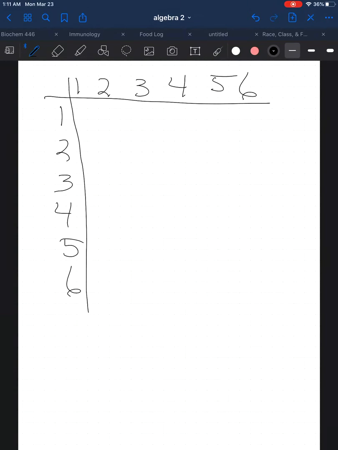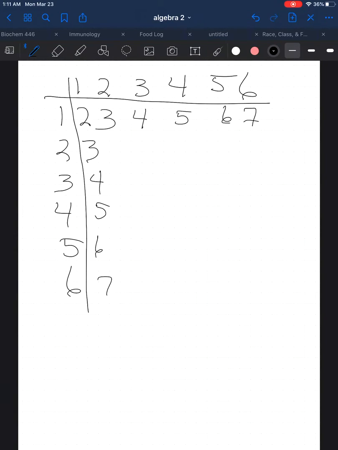It doesn't matter what the individual die are themselves. It's the sum of the 2 die that are rolled that matters. So this is just a simple addition chart. 1 plus 1 is 2. 1 plus 2 is 3. 1 plus 3 is 4. 5, 6, 7.